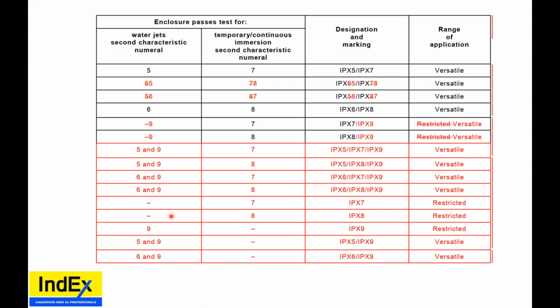It is not rated for 1, 2, 3, 4, 5, or 6. IPX7, restricted. Immersion, it's good for 7, which means temporary immersion. Under water jets, 1, 2, 3, 4, 5, 6, it is not rated.